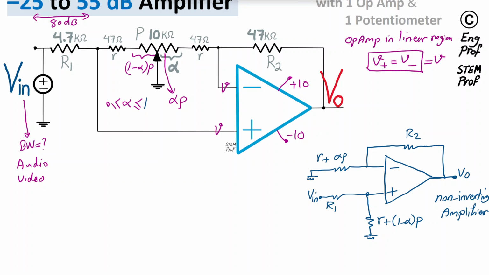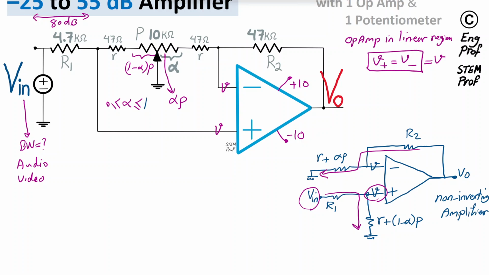Of course, again, the same voltage is appearing here. We have two resistors, R2 and this one, effectively in series. So from Vn to this node is just a voltage division, and then from V to Vout is another voltage scaling or division.